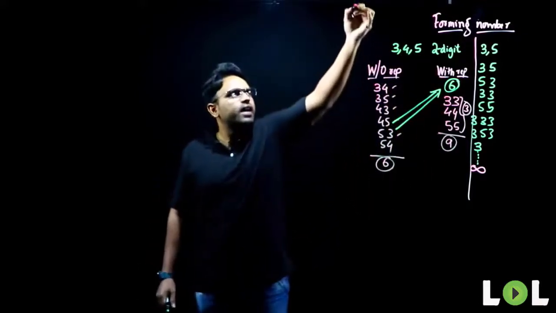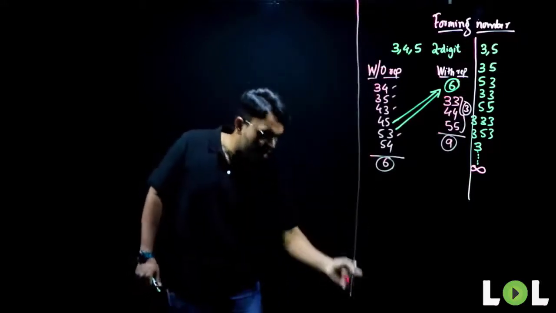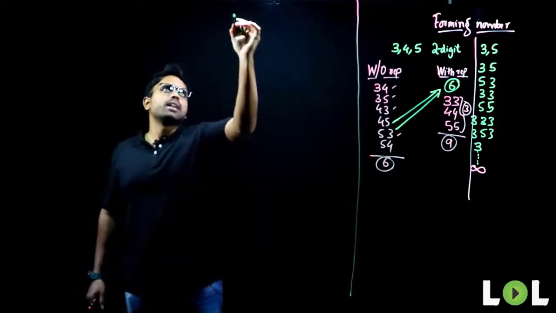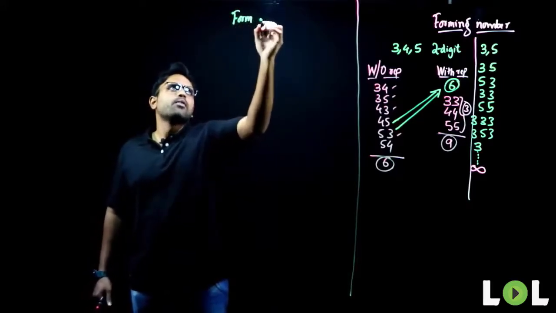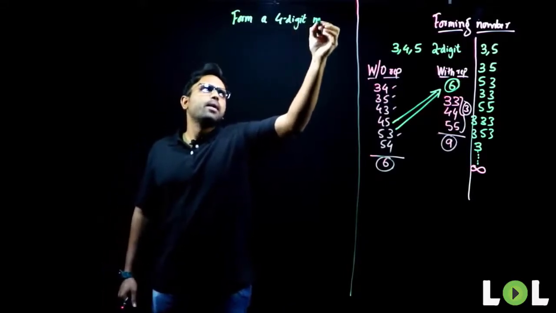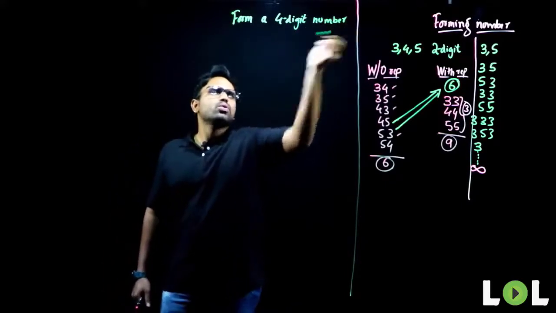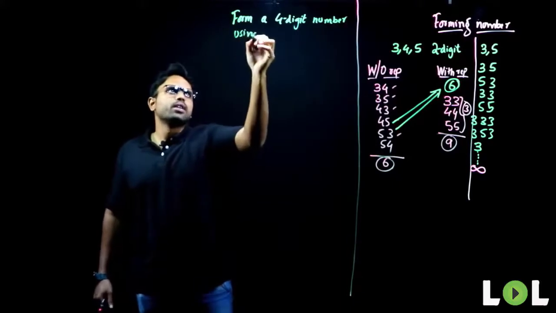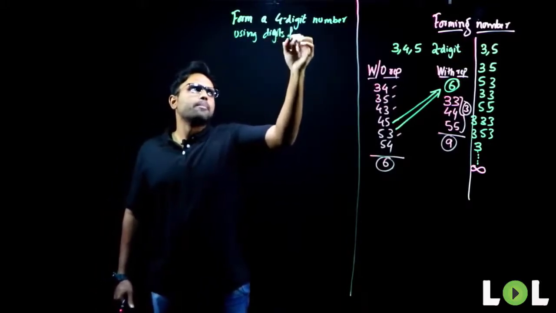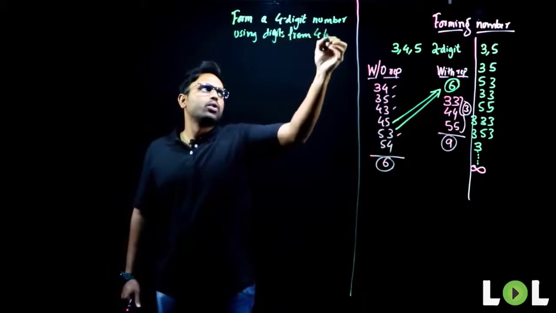Now, if I move a little bit forward and I give you a question, the question goes something like this. Form a 4-digit number using digits from 4 to 9.